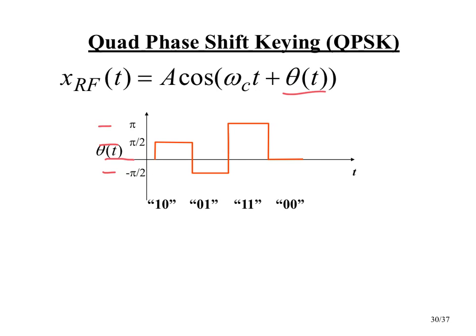Depending upon which of those 4 values, we have one of 4 possible bit patterns. So with this structure, we can send 2 bits for every symbol interval. So that's our theta of t for this example.